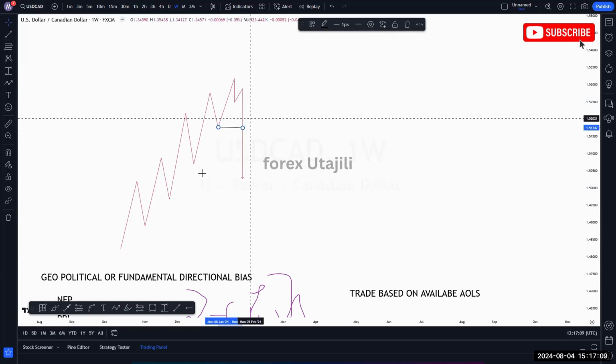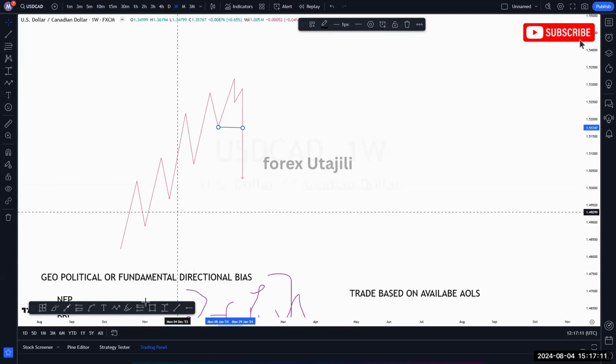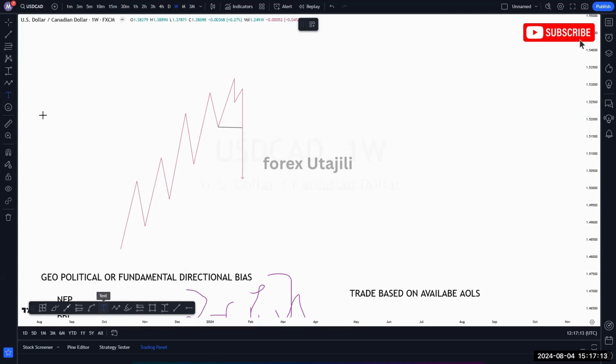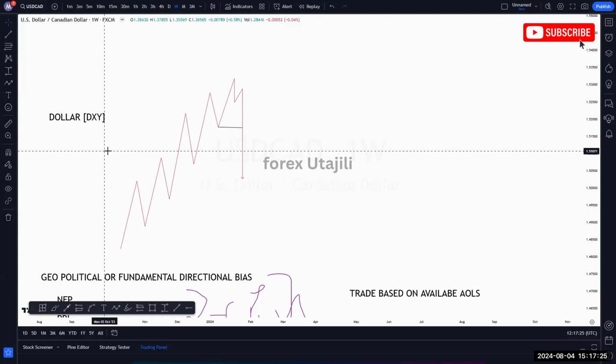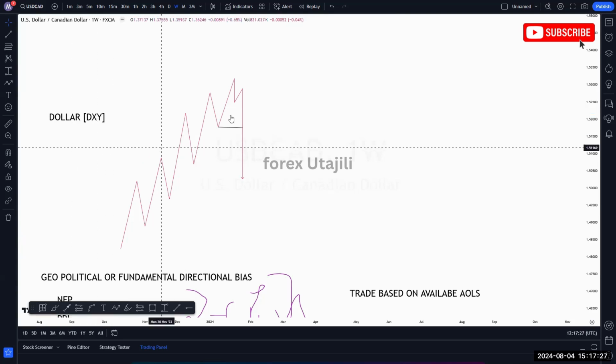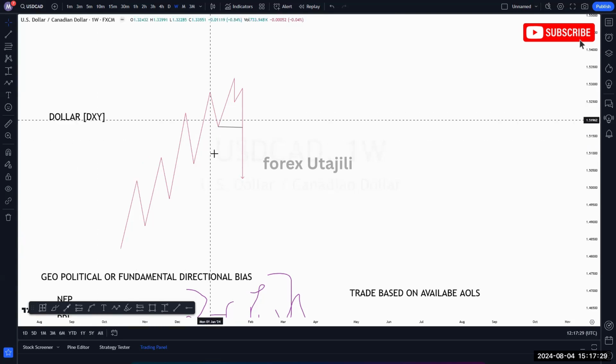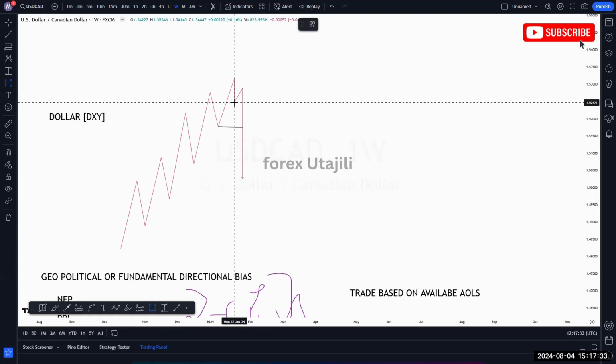This is DXY. I may call it the DXY or the dollar, it's the same. Based on this, we can clearly see the dollar is having an area of liquidity here.